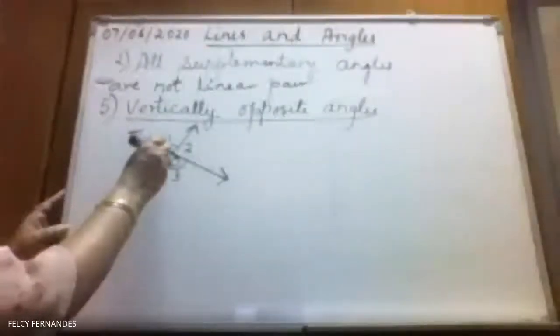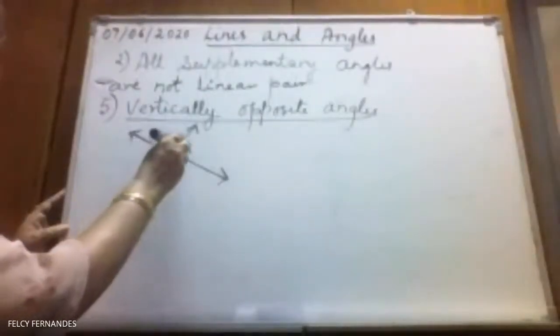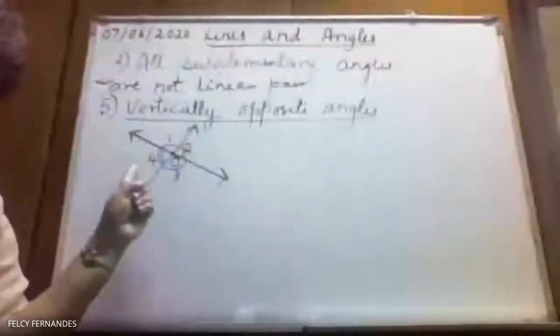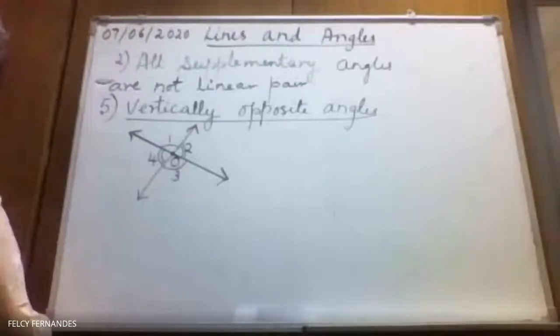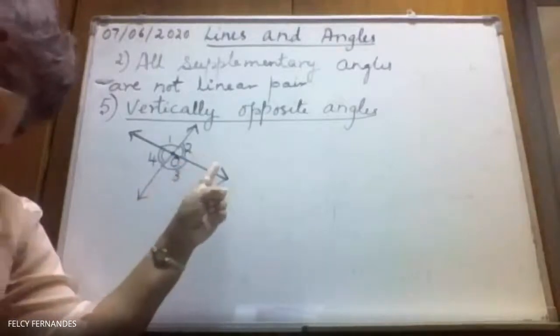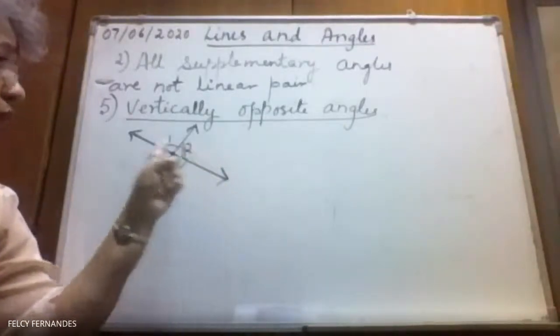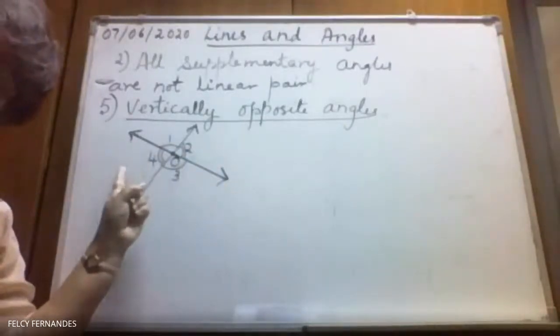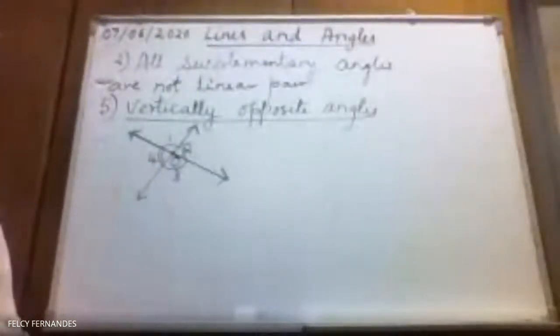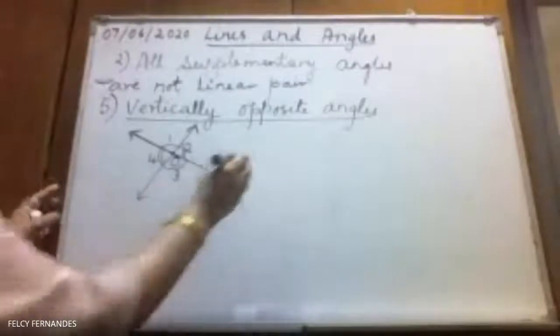Same way, you take the second angle and the fourth angle and you measure them, you will get the same measure. Then such pairs, angle number 1 and 3, angle number 2 and angle number 4, such angles are equal and they are called vertically opposite angles.